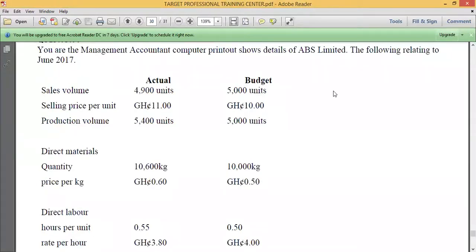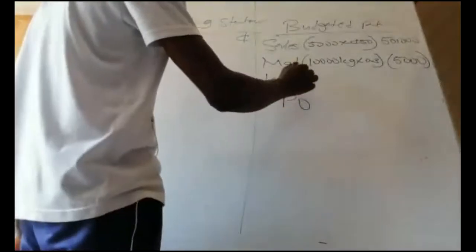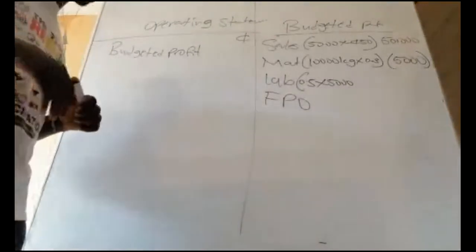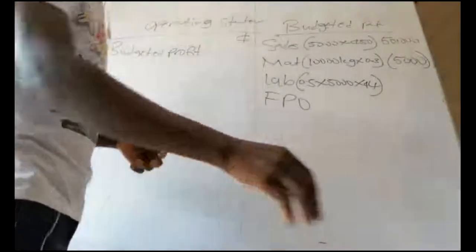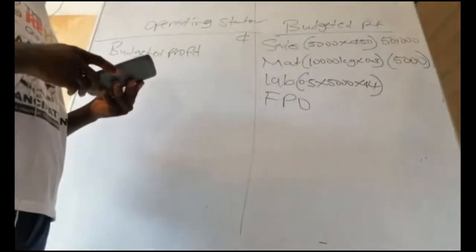So it will be that answer times 4. So 2,500 times 4 Ghana cedis, that's 10,000. So put it in brackets. 10,000 will be in brackets.